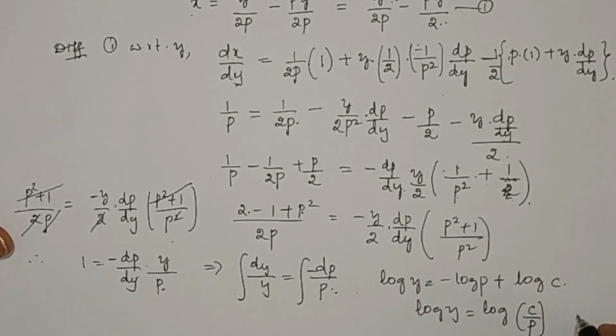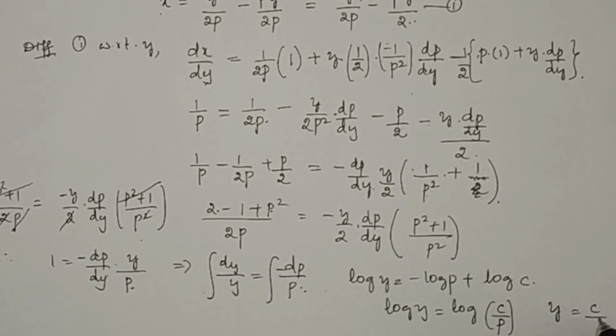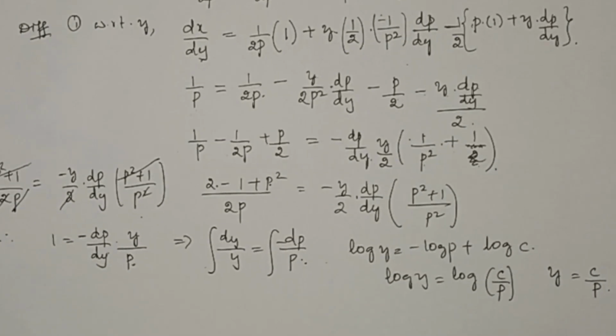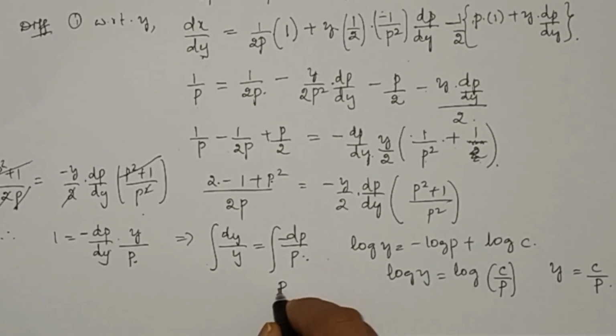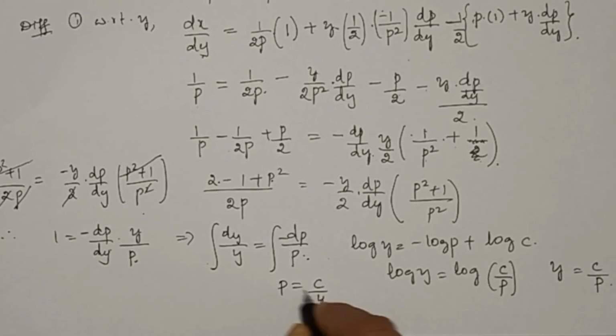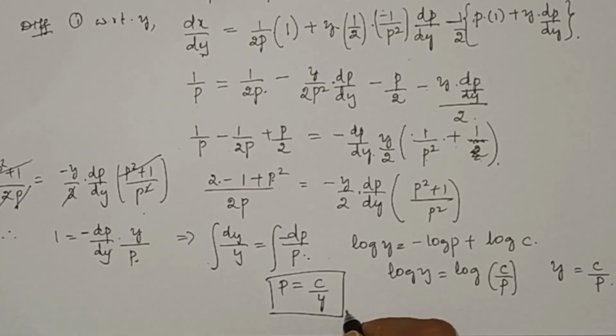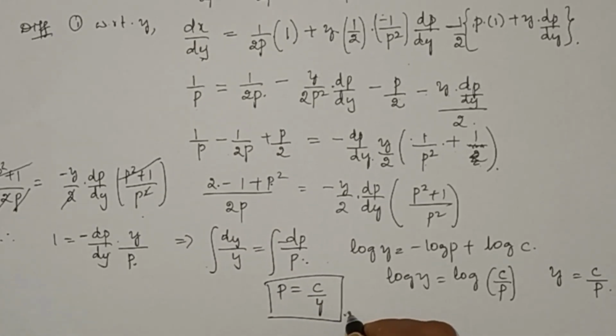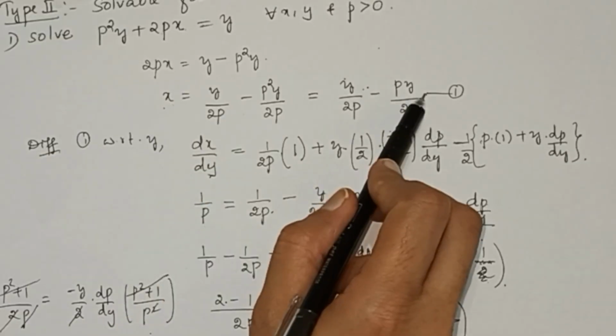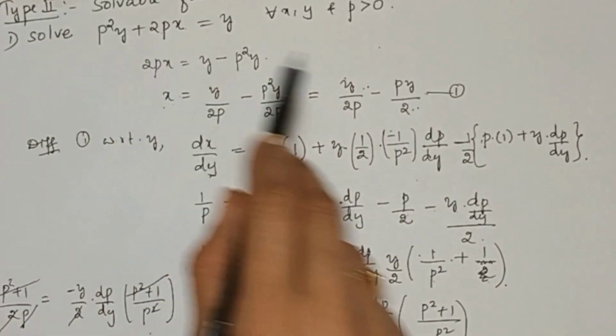So log cancels here, y = c/p, or else you can write p = c/y. Now this value of p has to be substituted in this equation 1, either here or here, anywhere is fine.